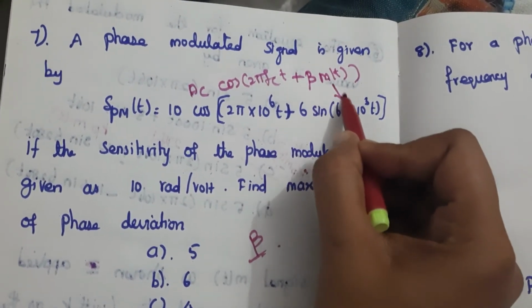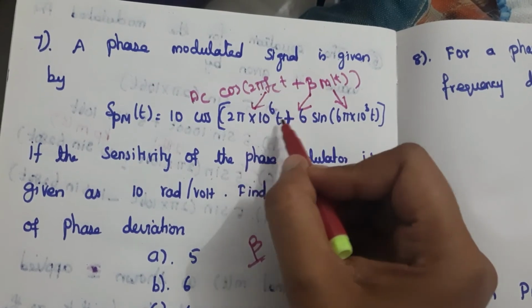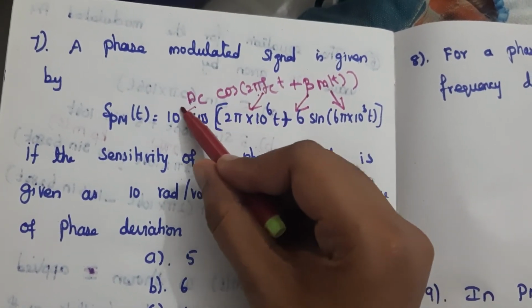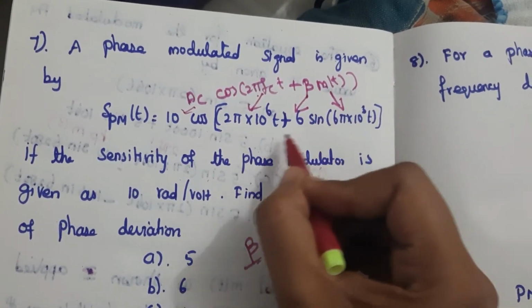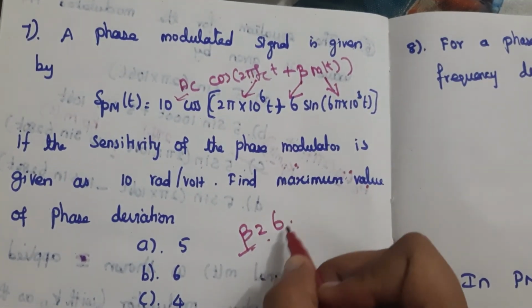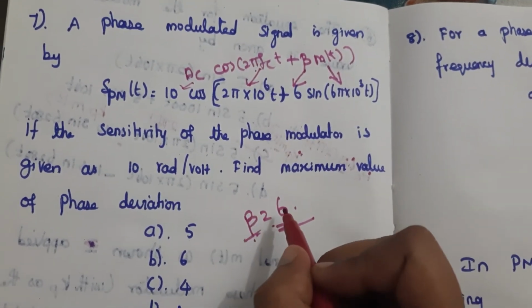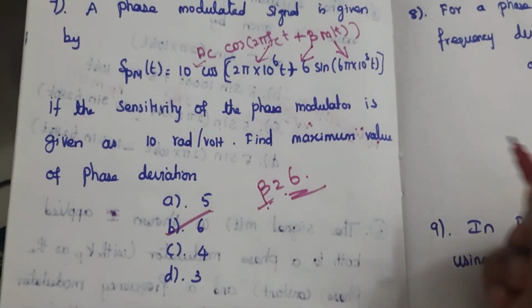From this signal we can find beta is equal to 6, and this beta is nothing but the maximum value of phase deviation. So here the answer is B, 6.